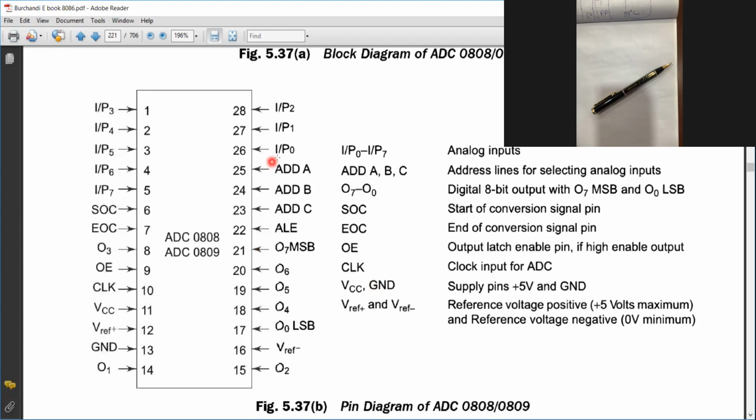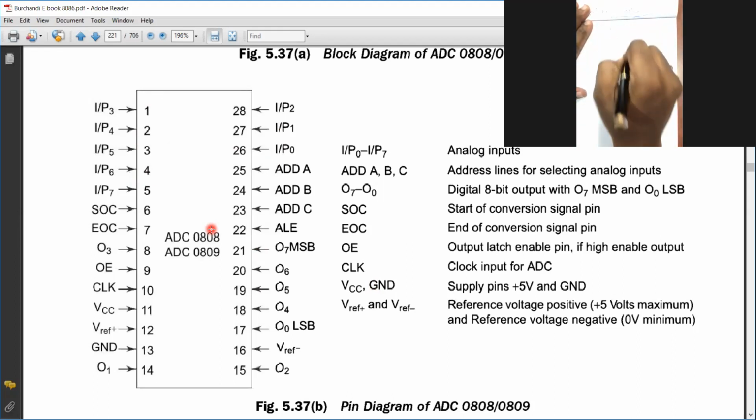Next, I am coming to IP0 to IP7. What are the functions of IP0 to IP7? They are input channel 0 to input channel 7. Input means analog channel. So this is an ADC 0808 or 0809.